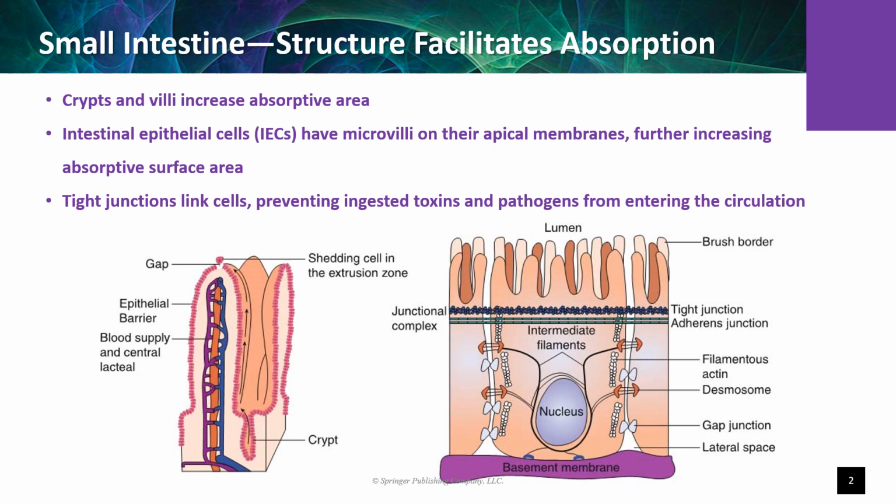Fat digestion products are packaged into chylomicron lipoprotein particles and released from epithelial cells to the lacteal or lymph vessel for uptake and transport to the systemic circulation.